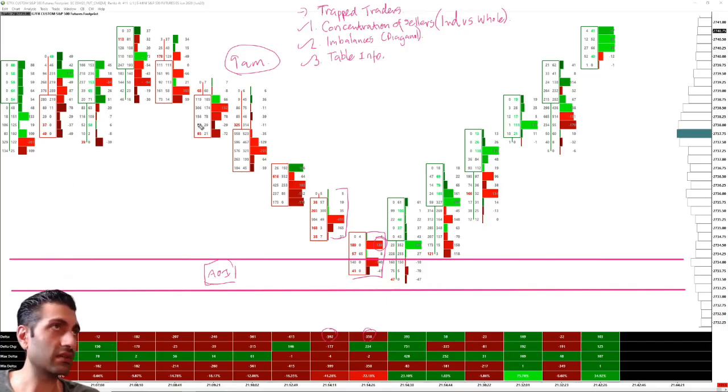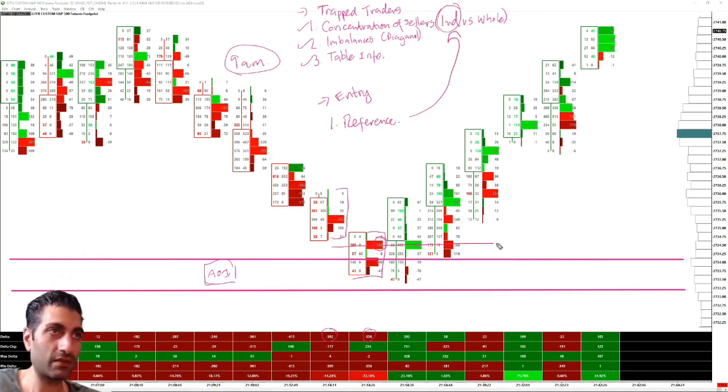So we've said here, trapped traders, that's what we're looking for. Entry. What am I looking for? One reference point. Okay, and that's going to be this. So we talked about it, individual levels. Guys, so what I'll do is I'll mark this level out.